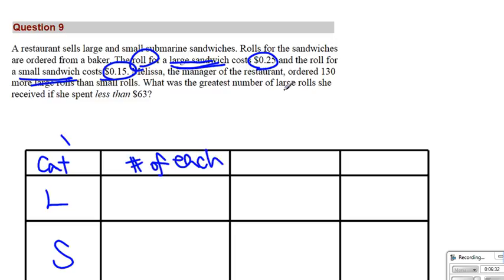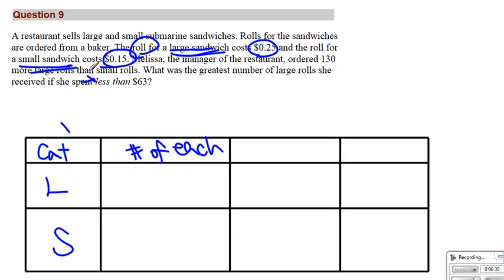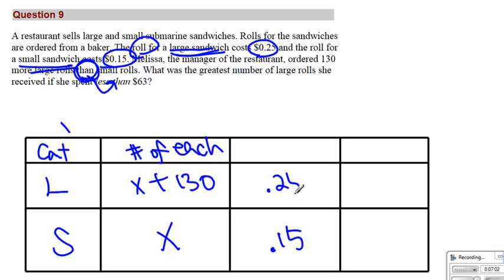Now, he ordered 130 more large rolls, then the keyword here becomes the word "then." Whatever comes after "then" usually becomes the x. So therefore small rolls are x, then large rolls are 130 more than that, so basically x plus 130. Now, a smaller one will cost 0.15 and a larger one will cost 25 cents, as it is written here and also here. We have the value of each.